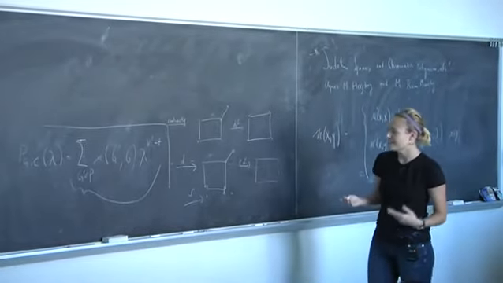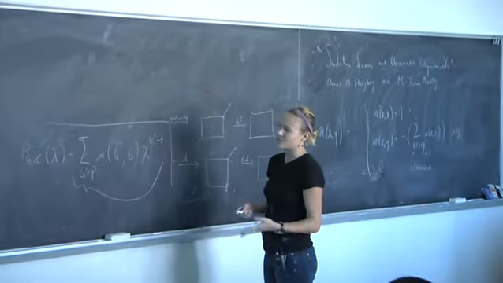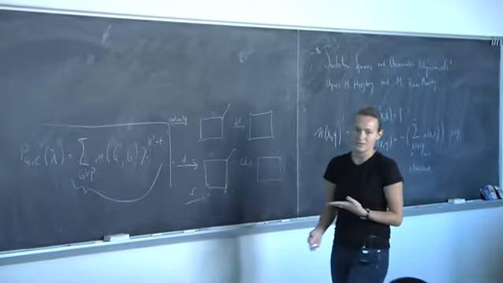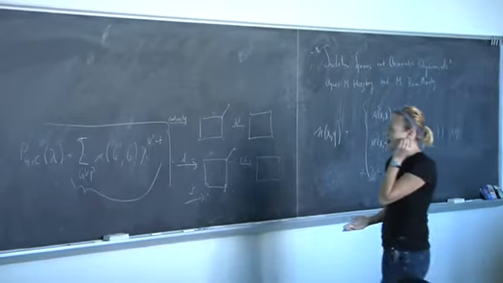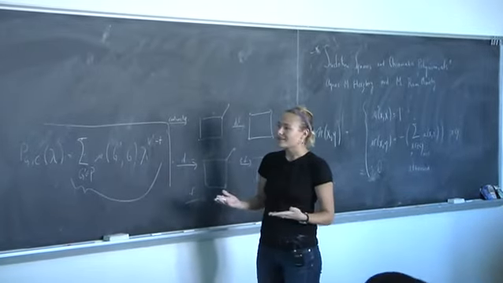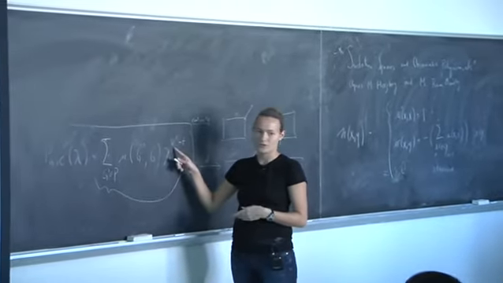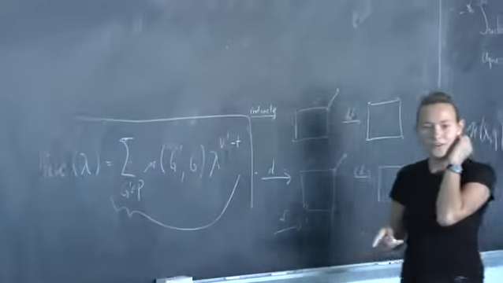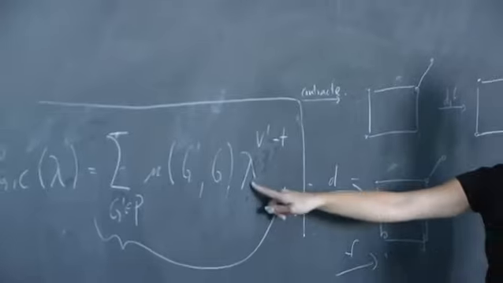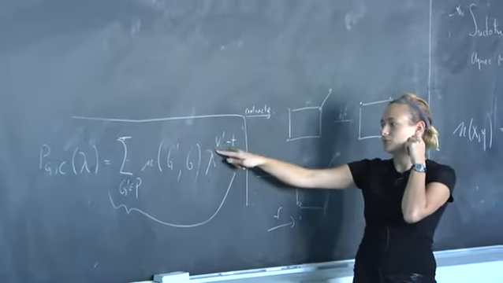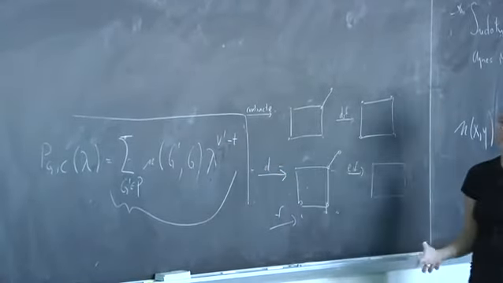So we want to show that this is, so it clearly has integer coefficients because the Mobius function only takes integer values. So we want to show it's monic. So what's the highest order term here? What would that correspond to? In order to get the highest order term here, we would want to maximize v prime. V prime is the number of vertices in G prime.